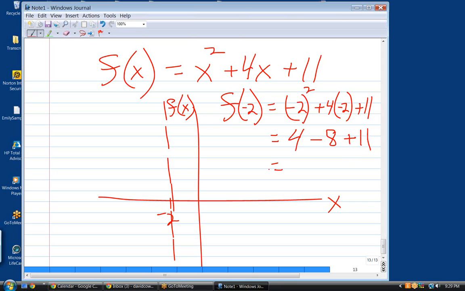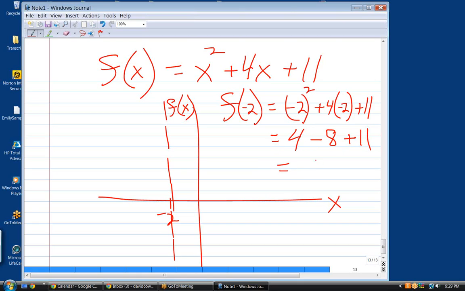Simplify that. It's going to be negative 4, then positive 7. You might have done this in your head. The best way to do this is to add the positive numbers together first. 4 plus 11 is 15, and then 15 minus 8.